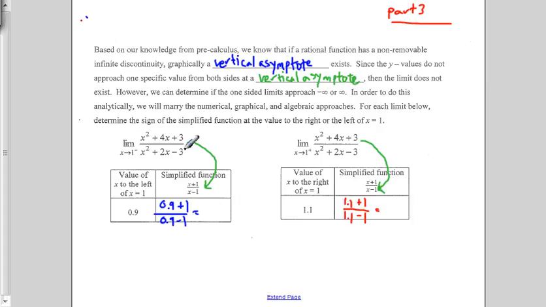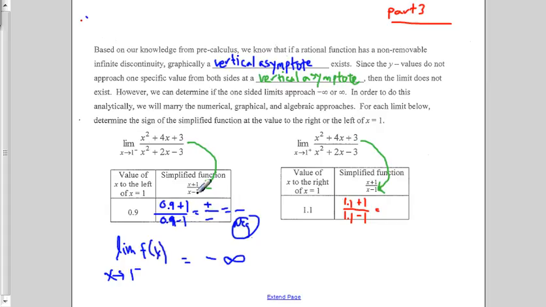Let's do that. Okay, so on this first example, I get 0.9 plus 1, and really all I need to know is that the numerator is positive, and then 0.9 minus 1 is going to be negative. And since a positive divided by a negative is negative, then I know that the limit of the function as x approaches 1 from the left must be approaching negative infinity, because I factored out, and this is what's remaining.